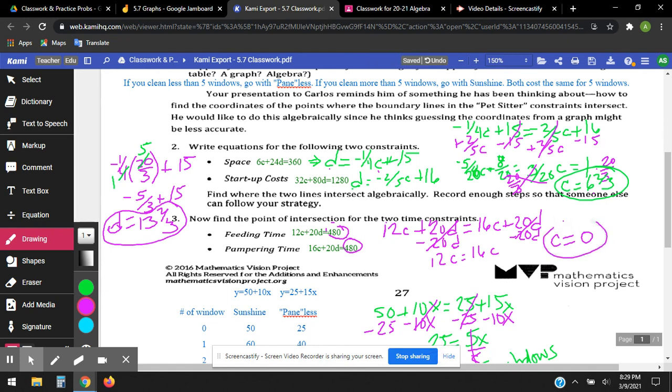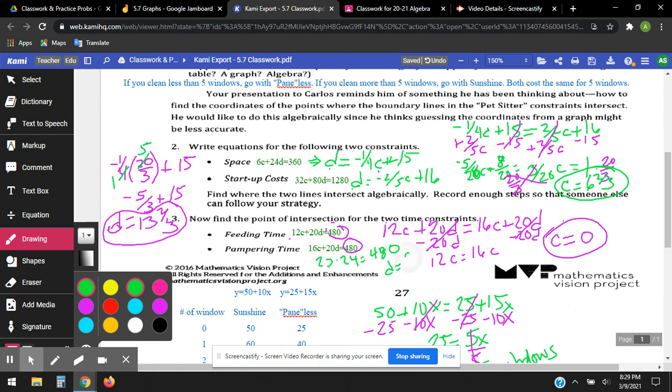So in this case, C has to equal 0. Then when I plug in 0 for either one of these, 20 times something gets me 480. Either one, it doesn't really matter. Well, 20 times 24 equals 480. So D has to equal 24. So where those are equal is if I just have 24 dogs.